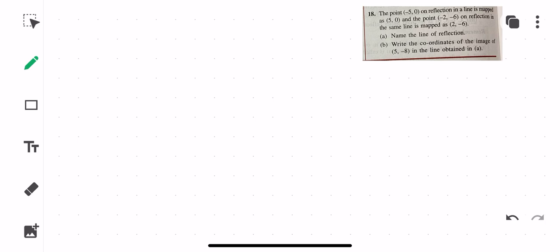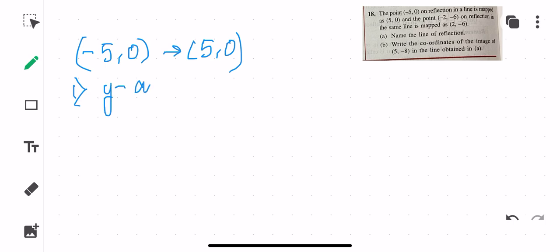So here you can easily see, children, that minus 5 comma 0 is getting converted to 5 comma 0. So here what is happening, that y-axis is not changing. So easily what you can be saying is that the y-axis is the line of reflection.